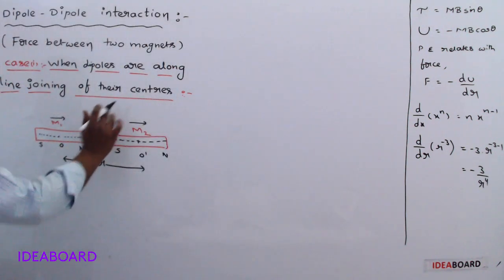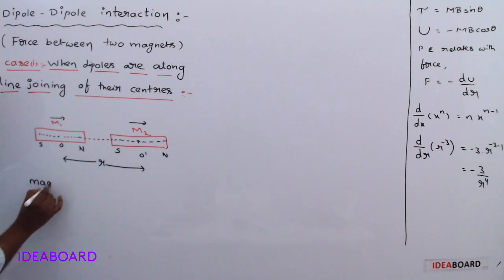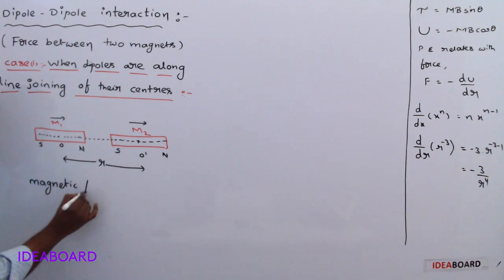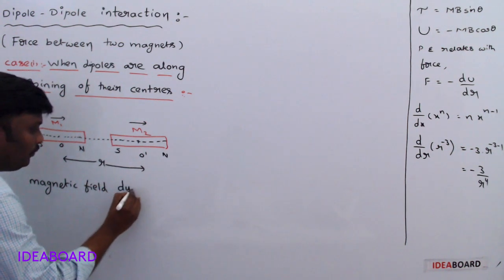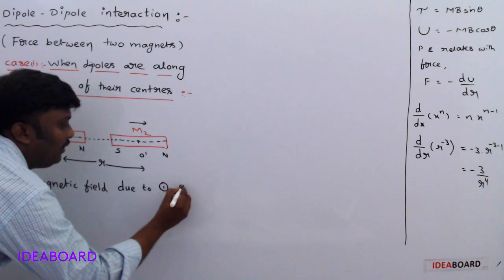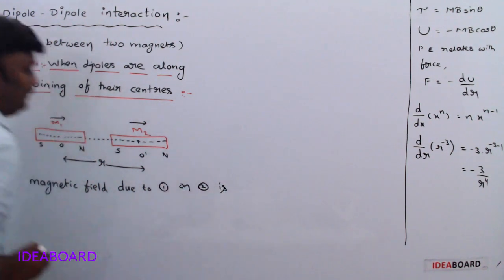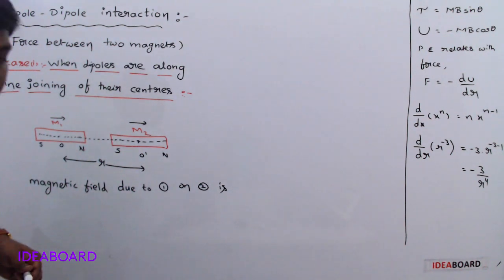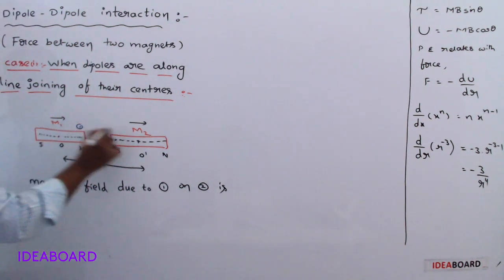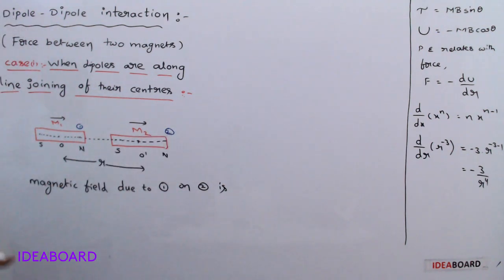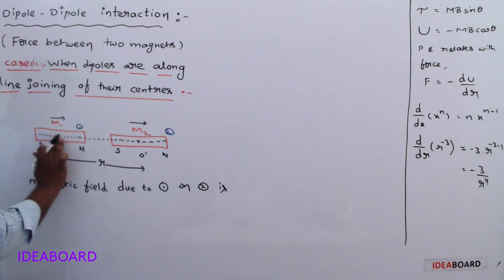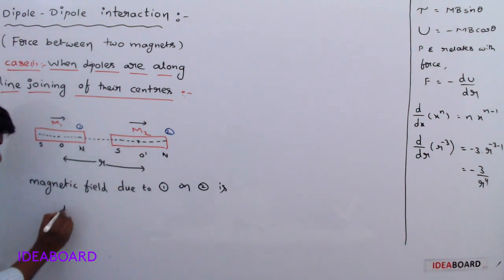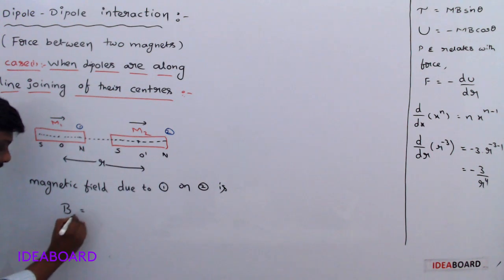So what is the magnetic field due to 1 on 2? Let this be 1 and this be 2. I want the magnetic field due to 1. For this magnet, the point O dash is along the axial line, so we know the formula for magnetic field induction along the axial line.